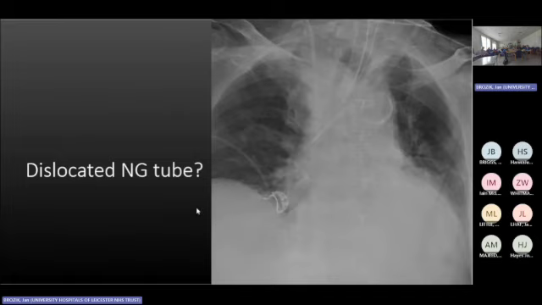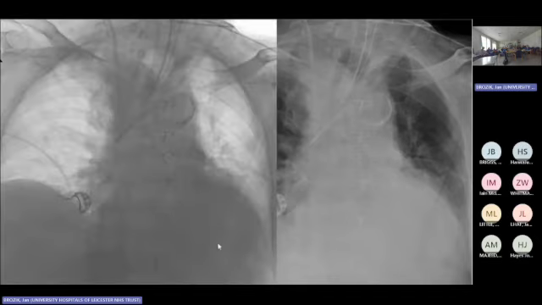I can see it on this screen. I'll also show you the negative of this X-ray, so you probably can see it. What are you going to do with this NG tube? Are you happy or unhappy?